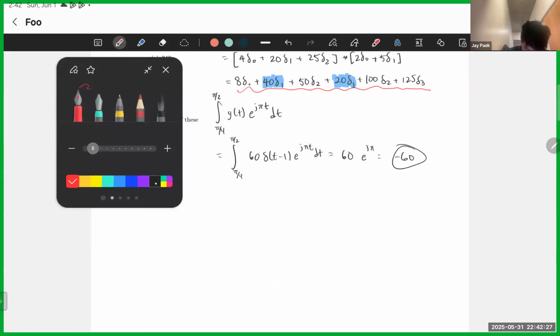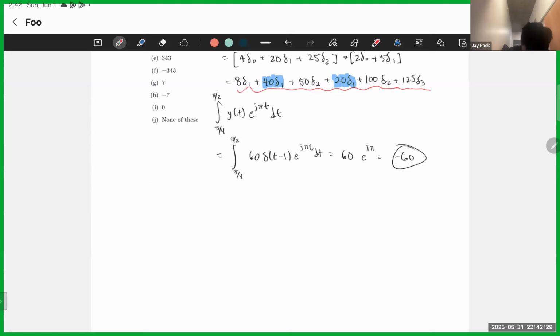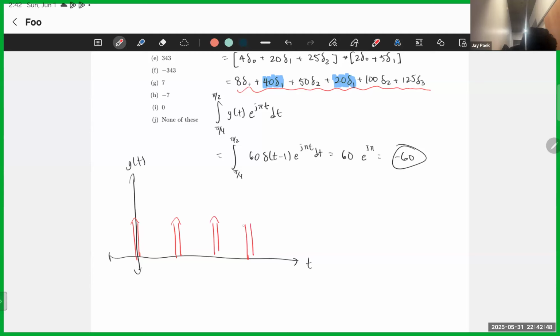t, g of t. There we go. And where am I integrating?